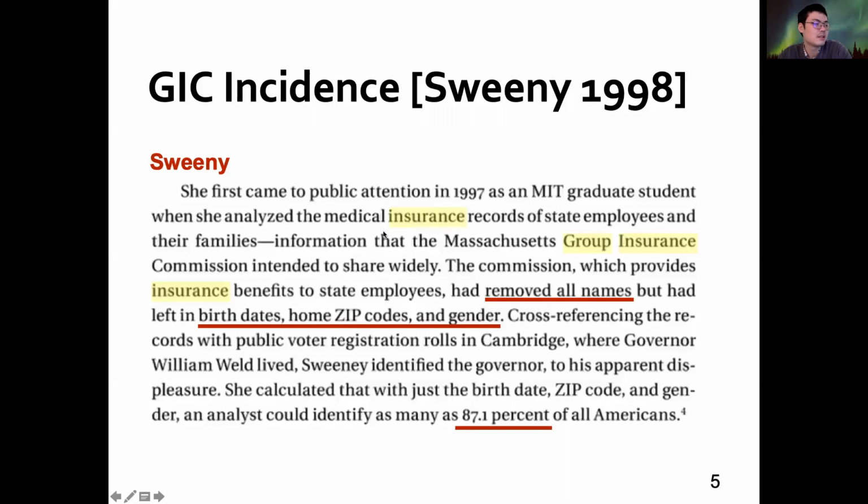Okay, and then those medical insurance records, she analyzed them. Okay, but when this organization released those records, right, those relational table records, the column that contains the patient names was totally removed. Okay, but the problem is that they left the birth date.